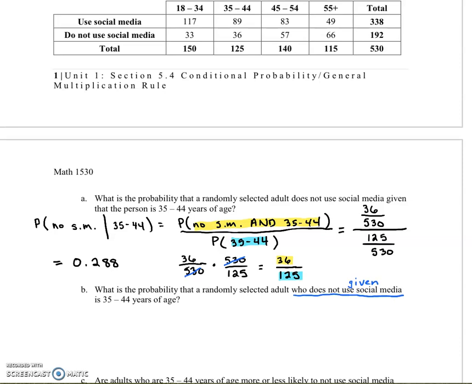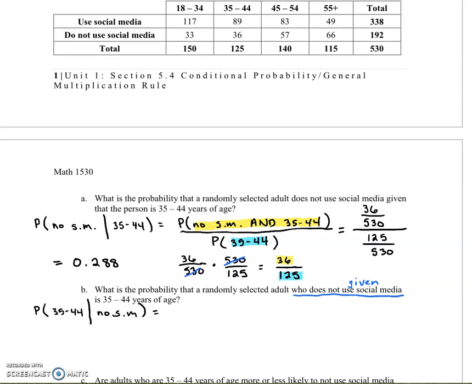And we want to know what the probability is that they're in that age category if we already know that they do not use social media. So we have the probability of being 35 to 44 given that they do not use social media.